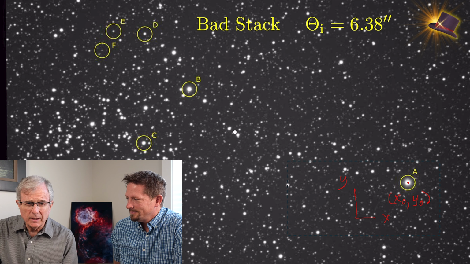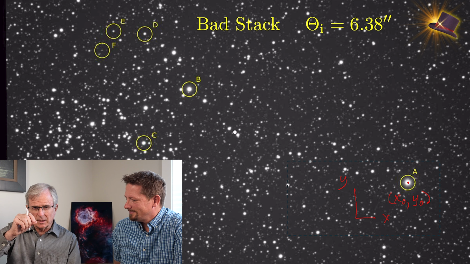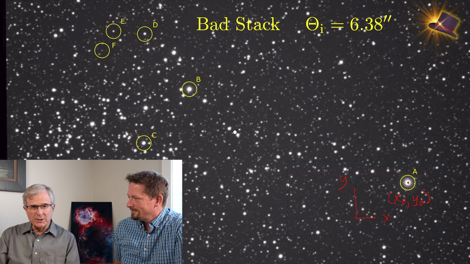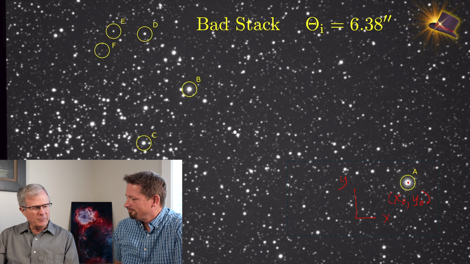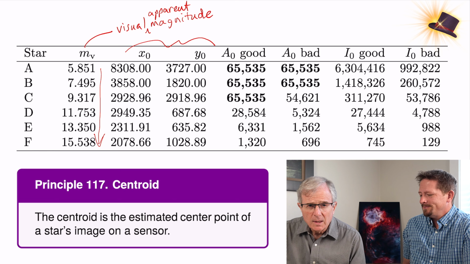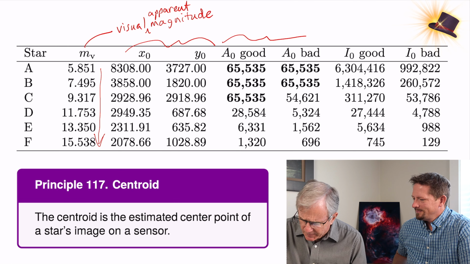It's calculated based on how intense the coloration is of all the pixels around it. It's just a simple algorithm, exactly the same algorithm that you use to calculate the center of mass, if you wanted to know that. Like in our airplane days, you use the same formula to find the centroid as you do for center of mass. Interesting. Pretty cool. So those are centroids of these stars.